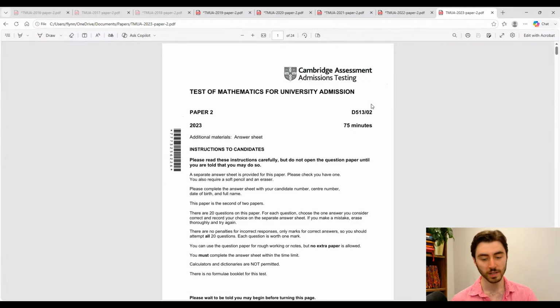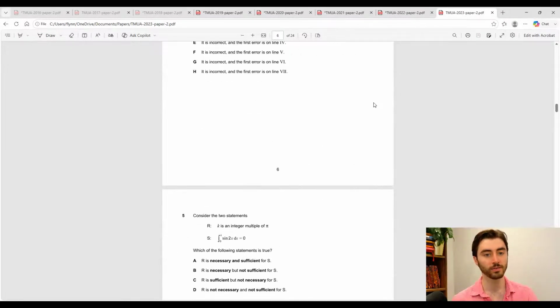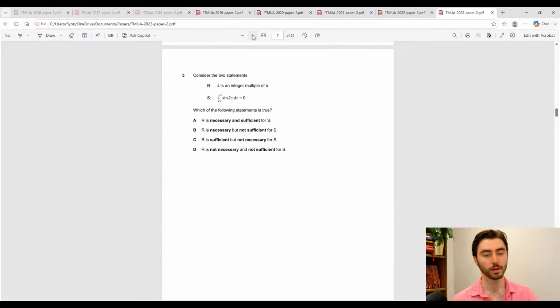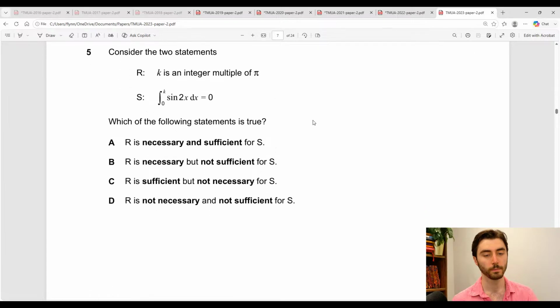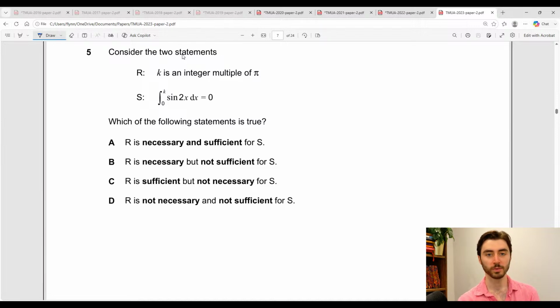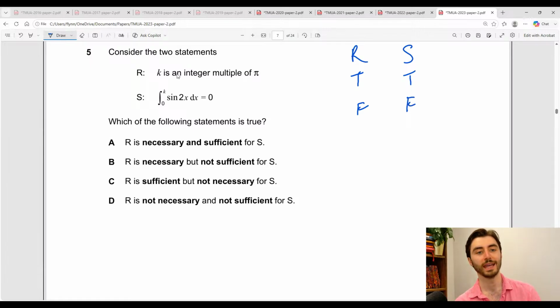And finally, 2023, question 5. So consider the two statements. Which of the following statements is true? And again, this is one where we have to establish the pathing. True, false, true, false. So k is an integer number of pi. Well, let's actually do this integral.